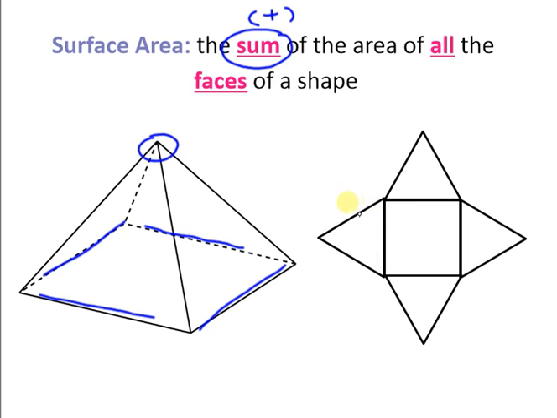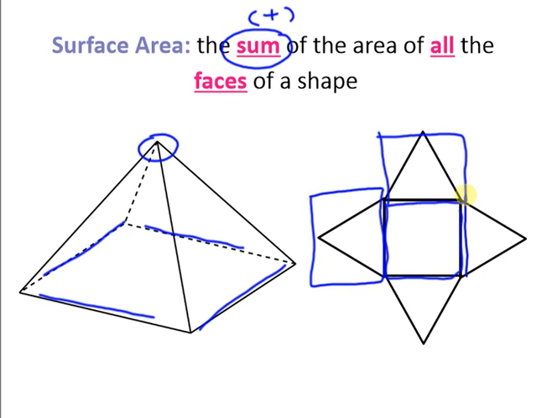And so what I'm actually asking you to do is to find the area of this piece right here, of this piece right here, of this piece right here, and of this piece right here, and then to add them all together. And when you take all of these things and you fold them back up, the height of your triangle is going to look slanted, okay?